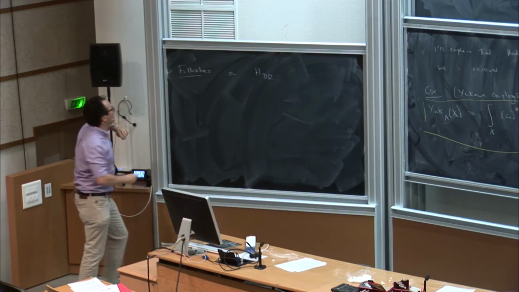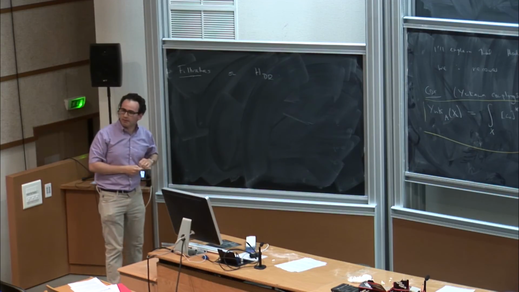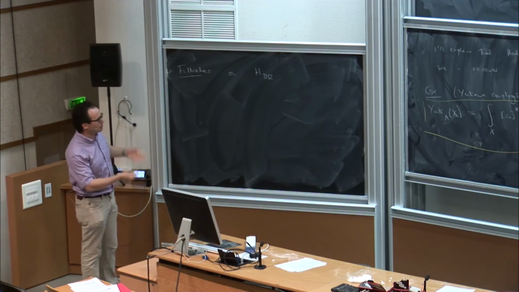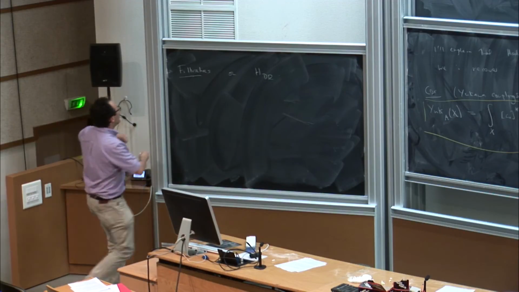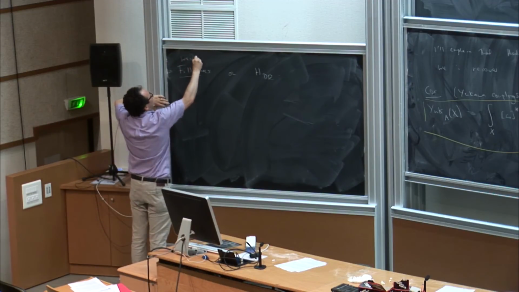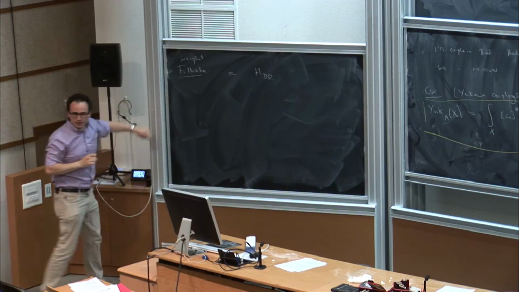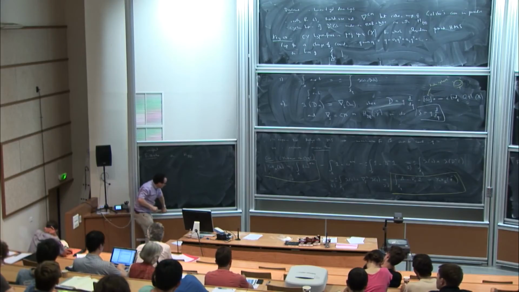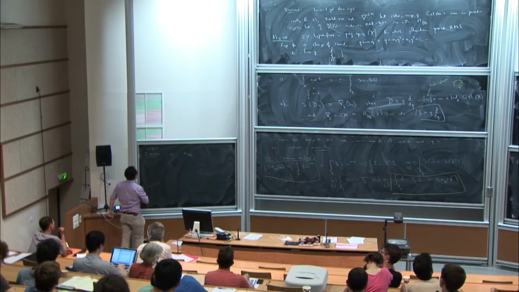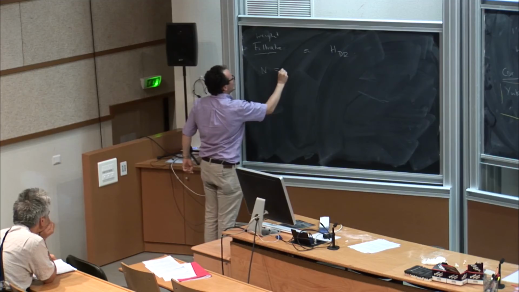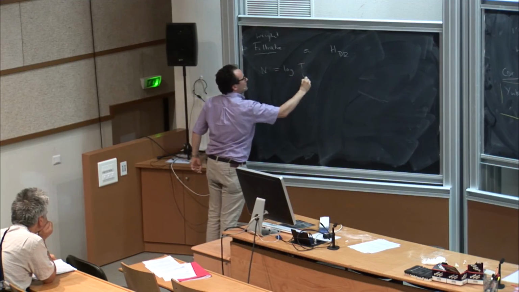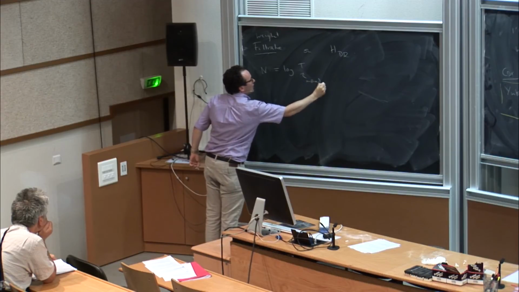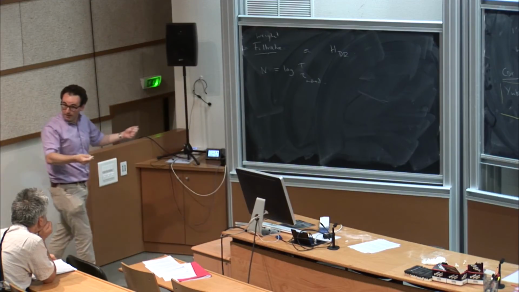You know what? Time is short. I'm going to skip the Hodge filtration. Look it up if you don't know and care. I'm going to tell you about the weight filtration, the monodromy weight filtration. So I'm going to define n to be the log of the monodromy acting in the cohomology of the generic fiber of X check.